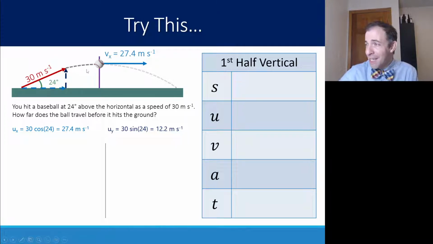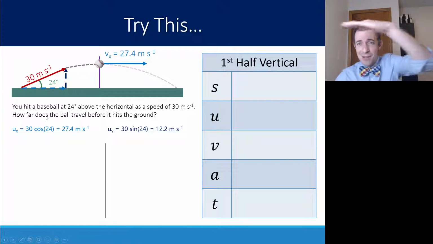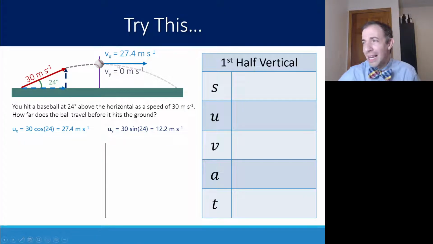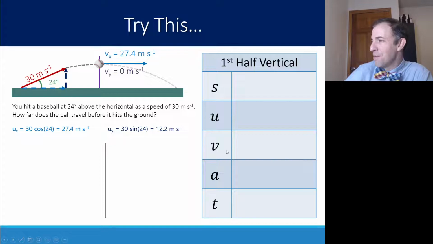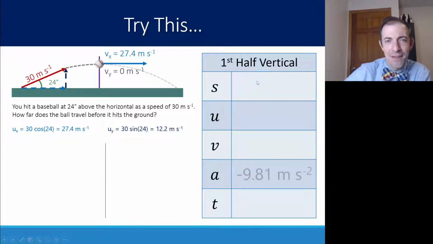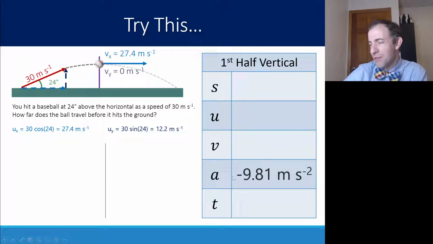And at our final, here at the top of that arc, it's still going to be moving 27.4 in the x direction. The x direction is the same, but the y direction comes to a stop. That's 0. So let's look at our SUVAT here, this SUVAT for the first half. We know that the acceleration is still gravity, all vertical.